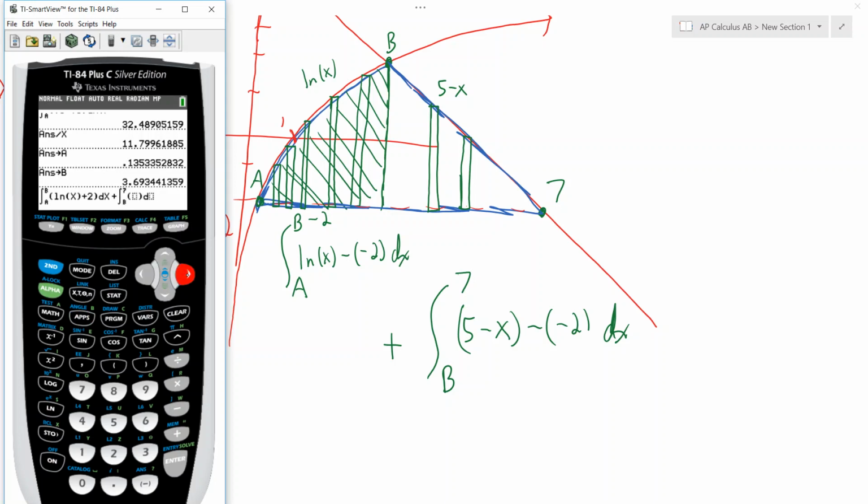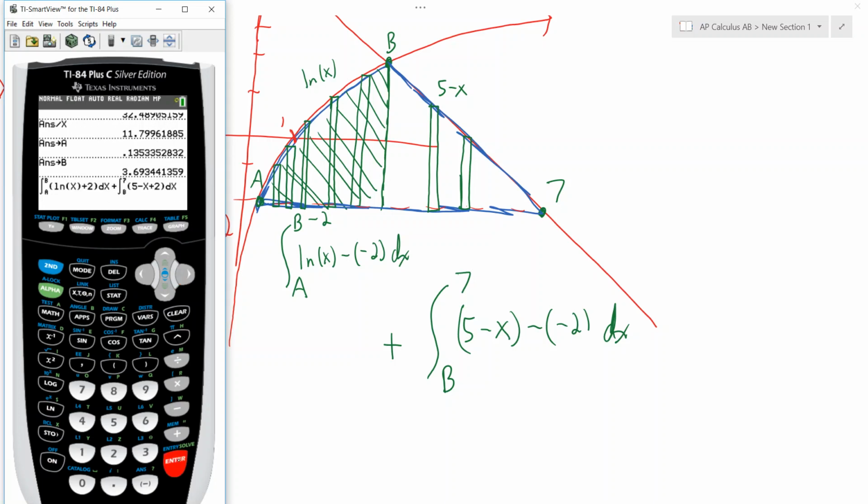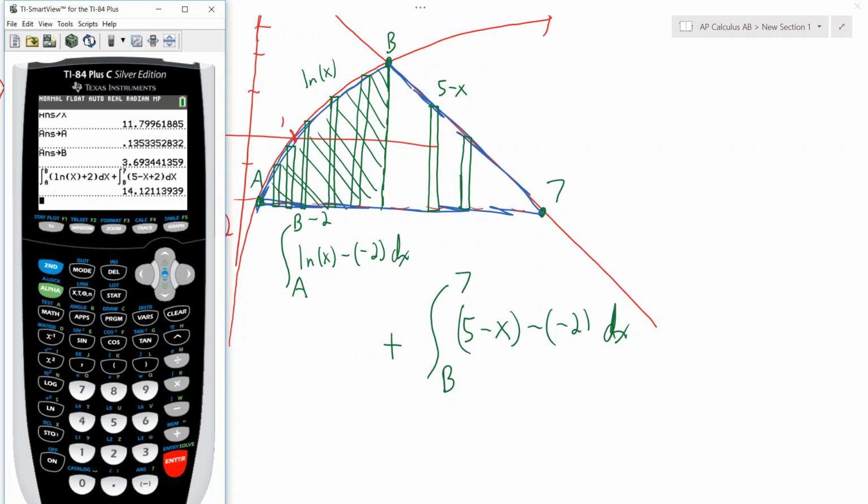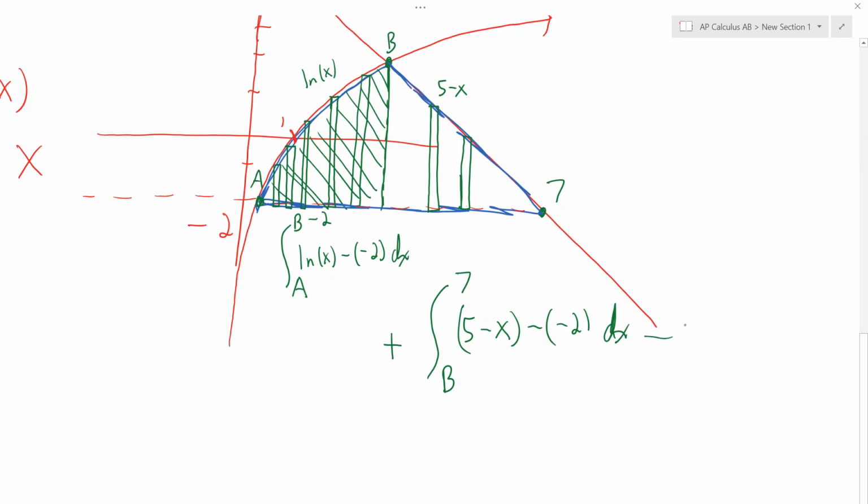And I'm going to do 5 minus x plus 2. And I put in 2. See, the problem is, it's this computer. My pen is double hitting buttons. It's not my fault. Kablow. Did we get 14.121? Yes. Okay. Equals 14.121. Feeling good?